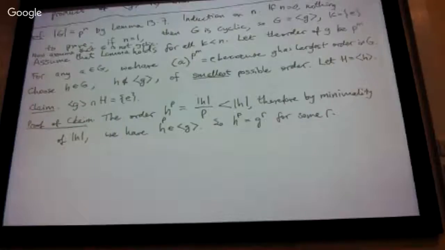How do we know that? How do you know the order of h to the power p equals the order of h divided by p? I'm trying to find the smallest power of an element that gives me the identity.